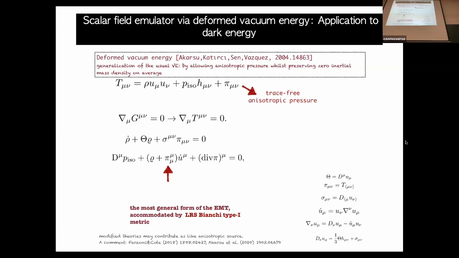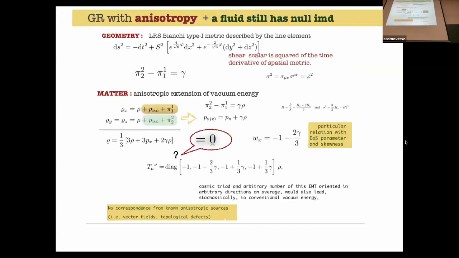What will be the correspondence of this? We have collaborated on this work, which is based on the deformed vacuum energy by Akarsu, Özgür, Ancan, and Alberto. This is the generalization of the usual vacuum energy by allowing anisotropic pressure. We are still in GR with anisotropy, and we have a fluid that still has a null inertial mass density.